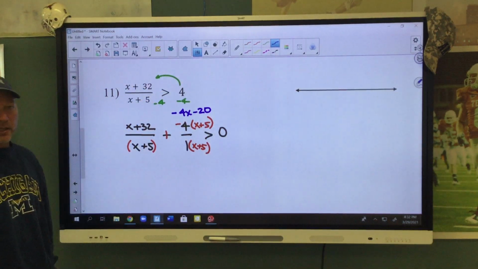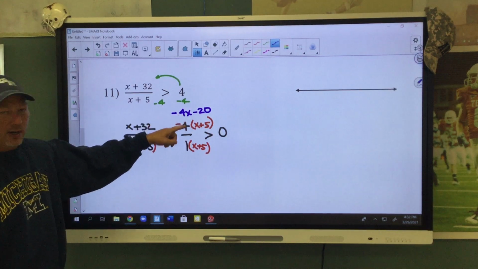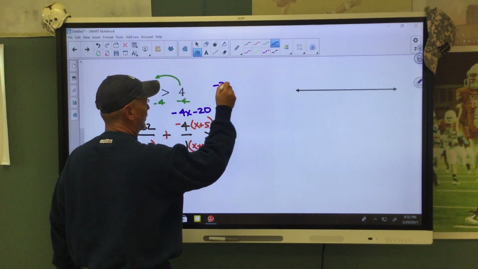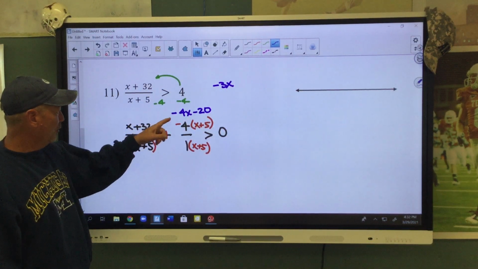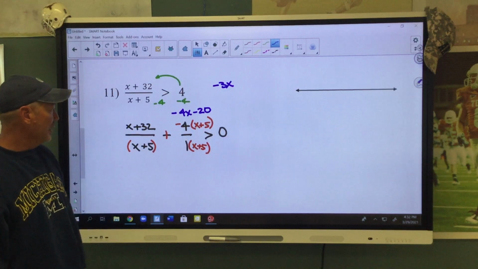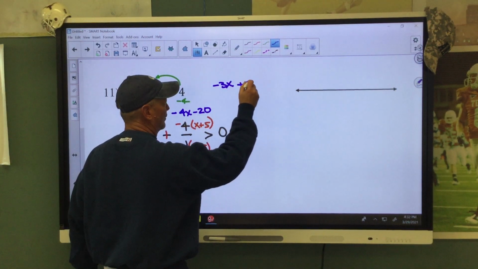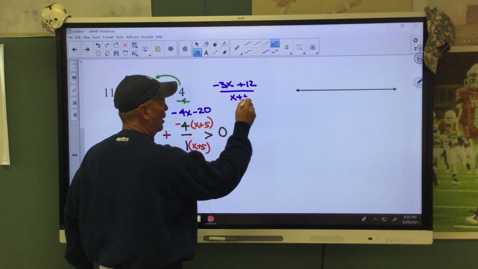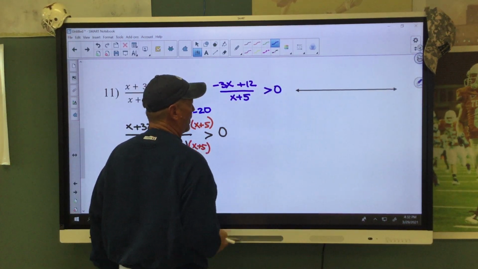Now I'm ready to combine like terms. x minus 4x is a negative 3x. A positive 32 minus 20 is 12, over x plus 5 is greater than 0.